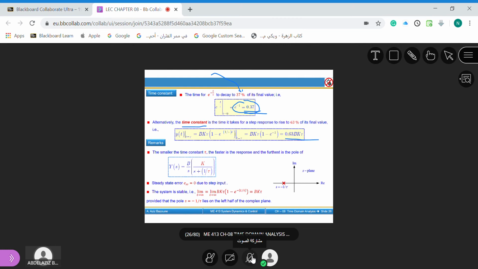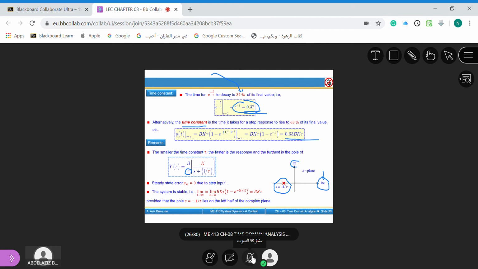If you look now at the poles, how they are located, we have one pole at s equal to 0, and another pole at s equal to minus 1 over tau. If you draw it in the complex plane, this is the real axis, this is the imaginary axis, and s equal to -1 over tau is a real value.